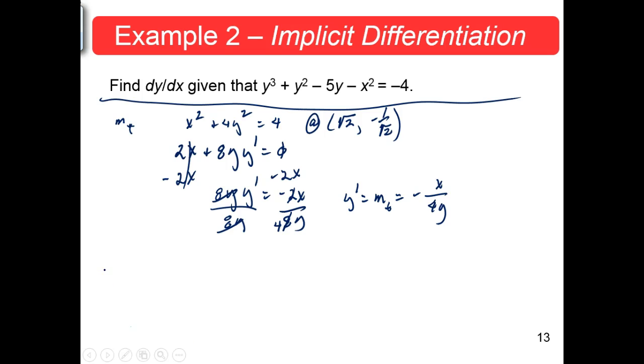My question was, what's a pretty obvious value y cannot be? 0, exactly. Now where is y equals 0, by the way?